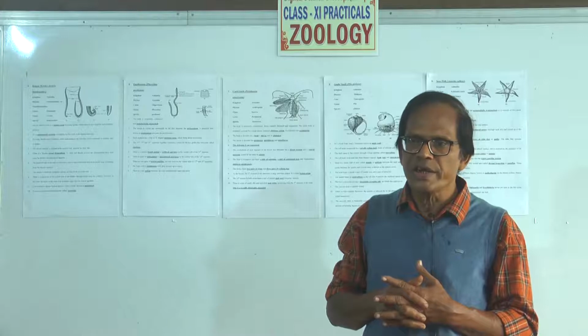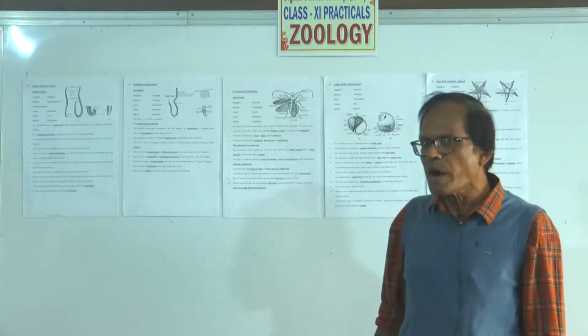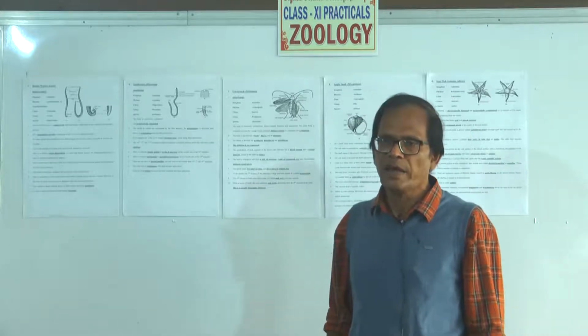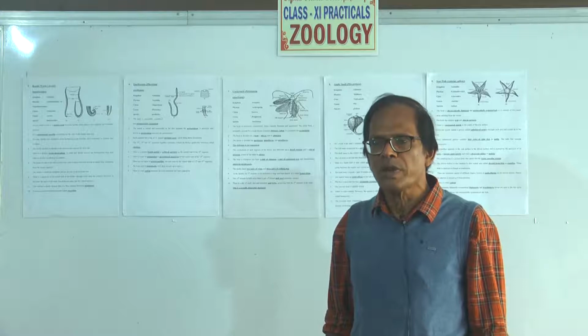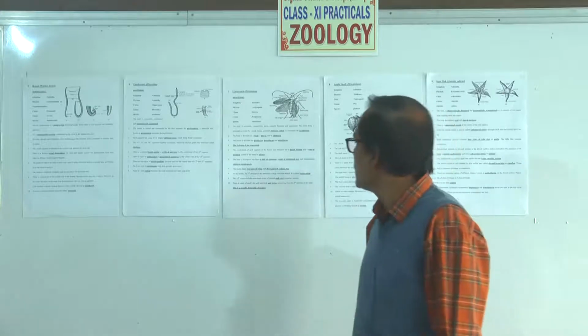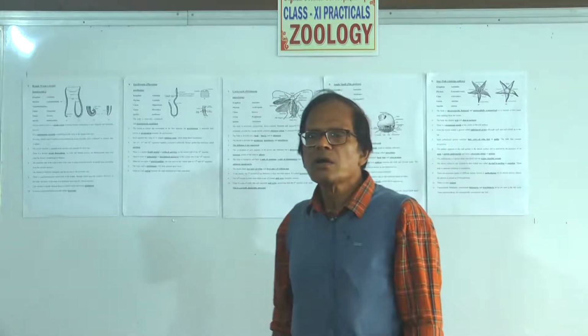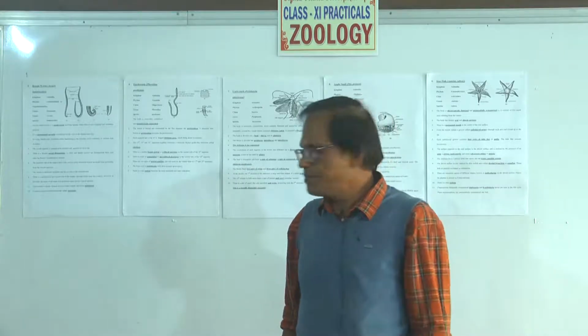Singular is ommatidium, plural is ommatidia. There will be many ommatidia in a compound eye. Each ommatidium is responsible for the formation of the image of a small part of the body or object. So, insects are characterized by the presence of compound eyes.